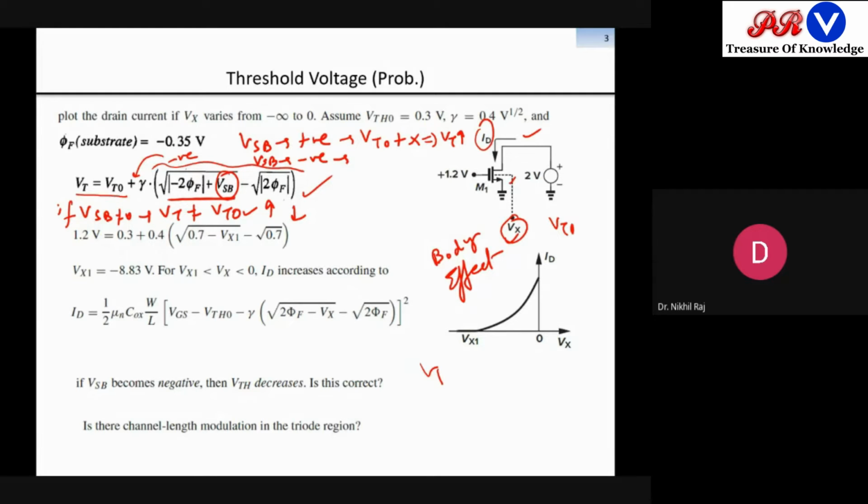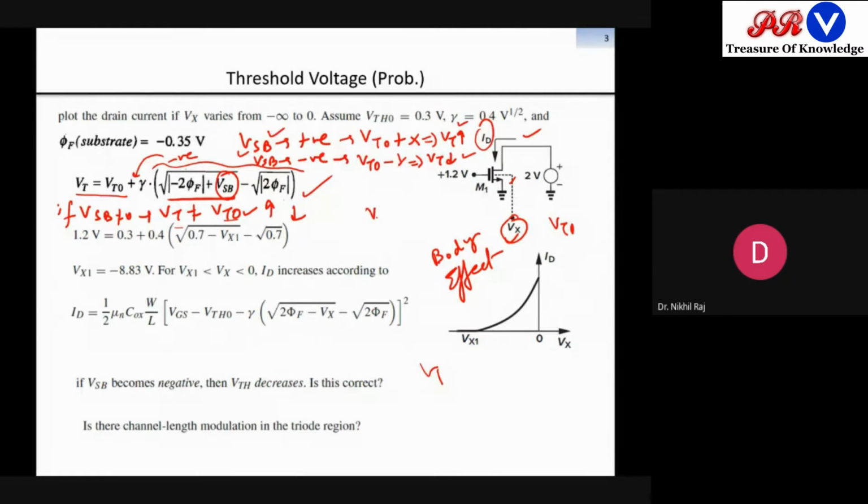So the effective Vt will be Vt naught minus, let's say, some Y parameter, and due to this Vt will decrease. This means when VSB was positive, my threshold voltage is increased. When VSB is negative, threshold voltage is decreased, and when VSB is 0, then Vt remains Vt naught.